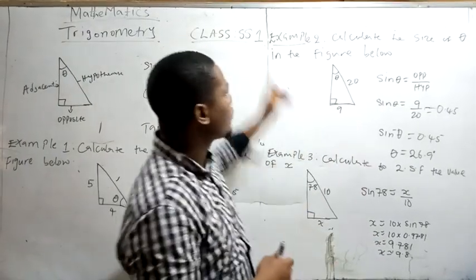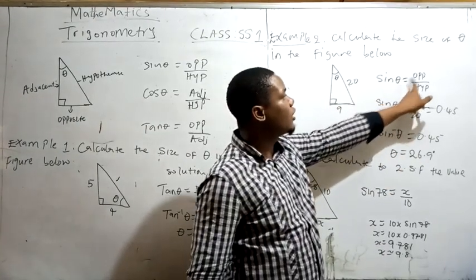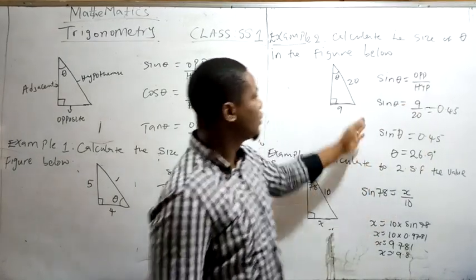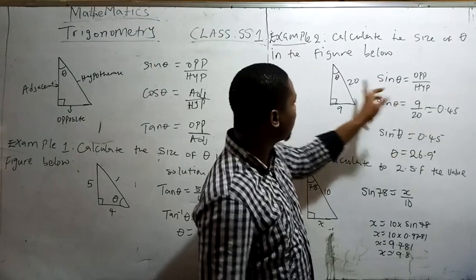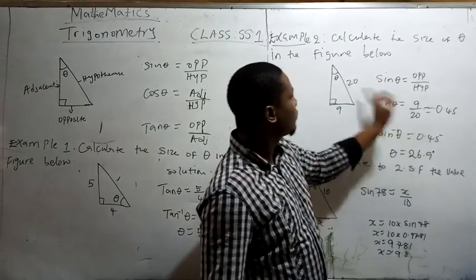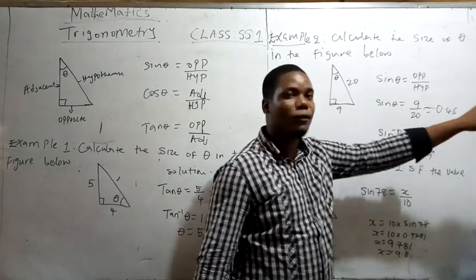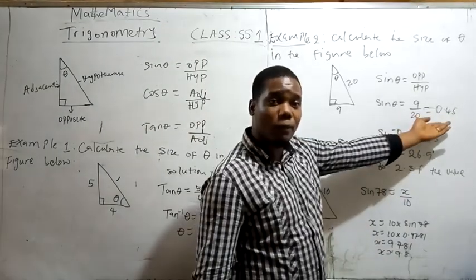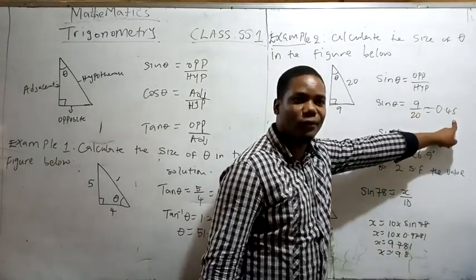In SOHCAHTOA, SOH means O and H, which is sine theta equals opposite over hypotenuse. We come back to simplify. Sine theta, 9 is opposite, 20 is hypotenuse, which gives us in decimal form 0.45. You go to your log table, under sine, locate where you have 0.45.